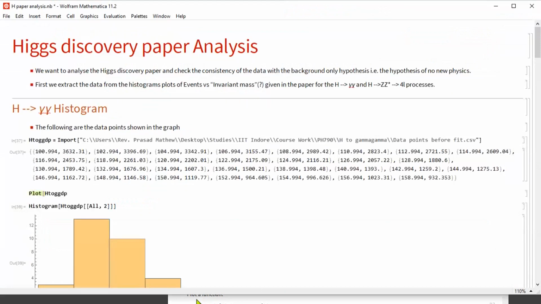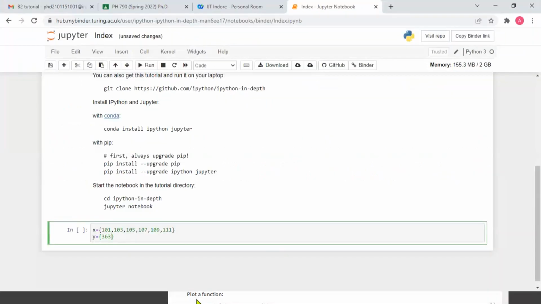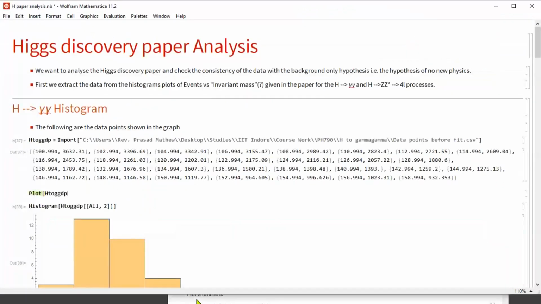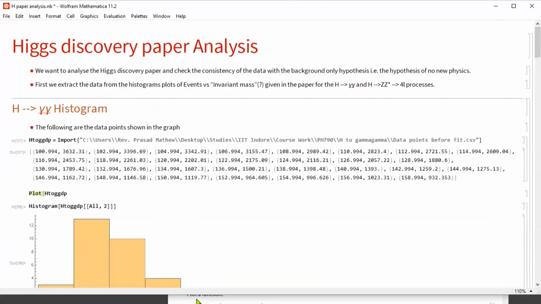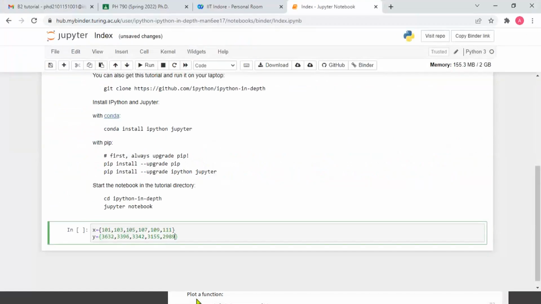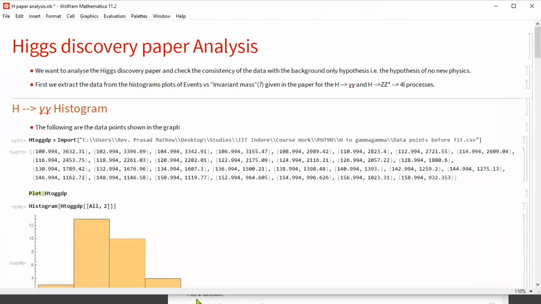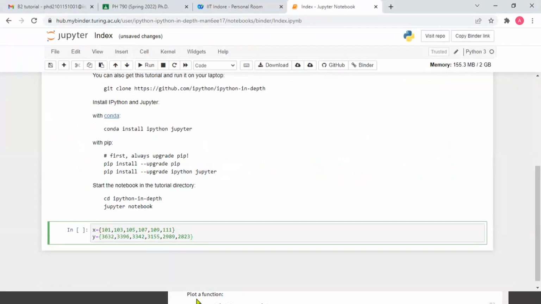That would be 3632, 3396, 3342, 3115. Control enter. Shift enter.